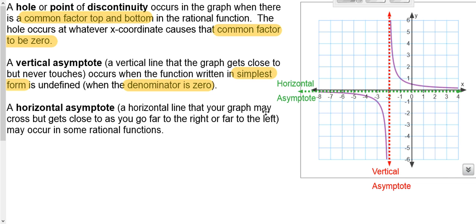Horizontal asymptotes are what your graph approaches as you go far to the right and far to the left. So common features of rational functions are vertical asymptotes and holes and horizontal asymptotes. A rational function does not have to have all of them. It will sometimes only have a few of them or one of them.